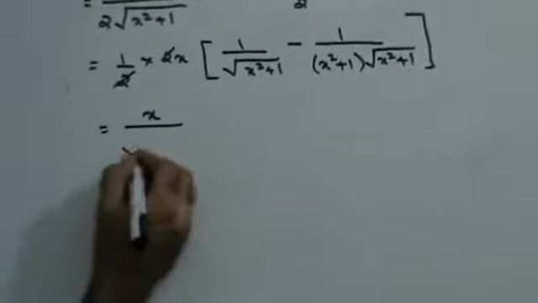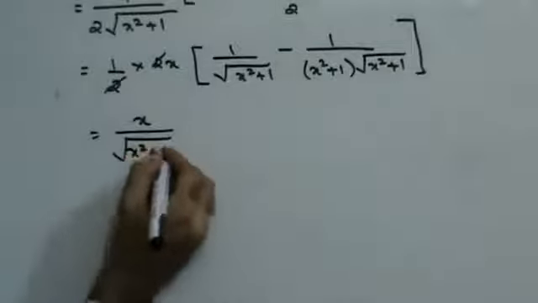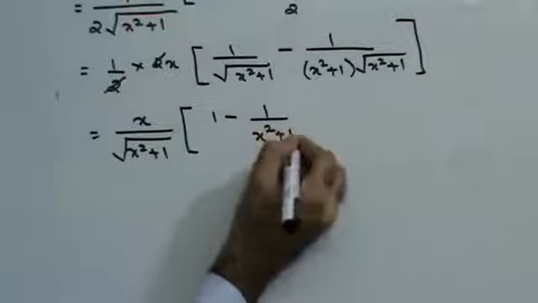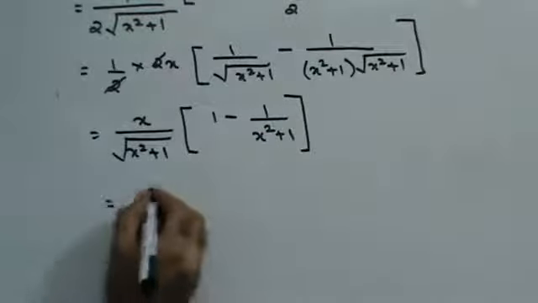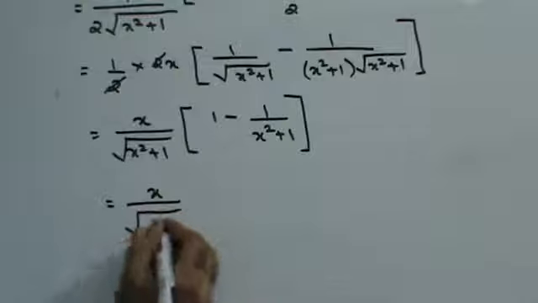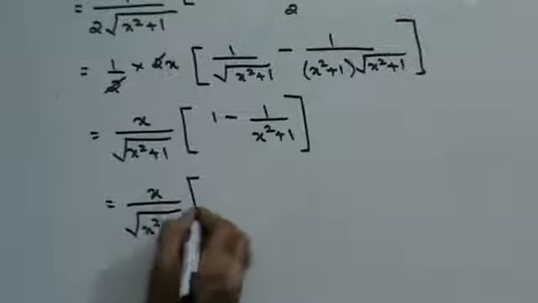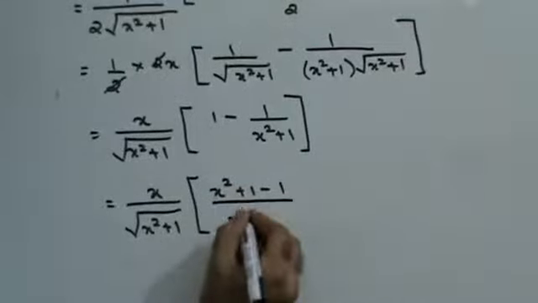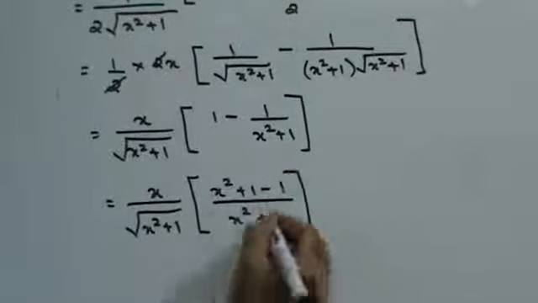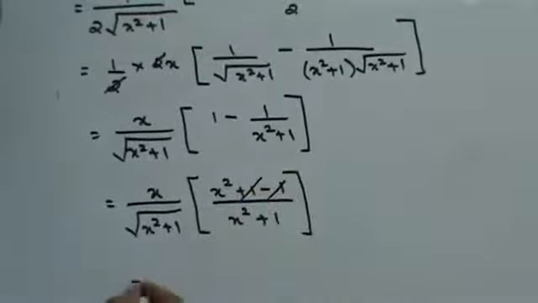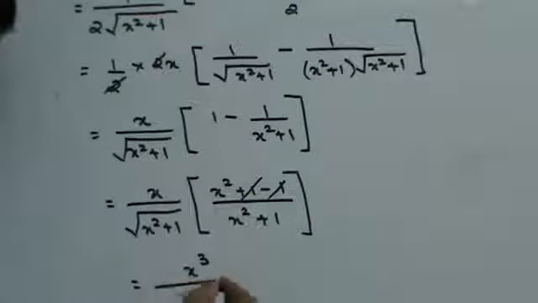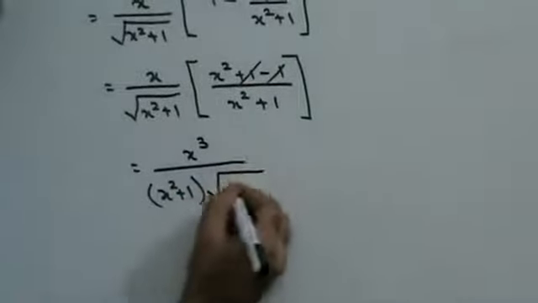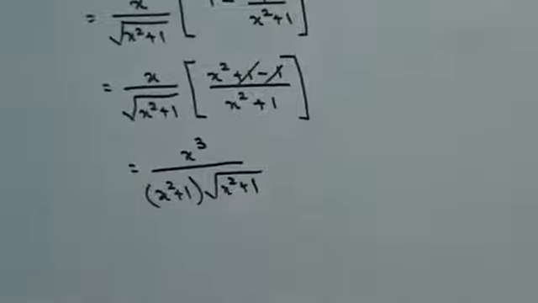X. I could take square root of x square plus 1 common, in which case you will get 1 minus 1 upon x square plus 1. Simplify this, x upon square root of x square plus 1. This is x square plus 1 minus 1 upon x square plus 1. Plus 1 minus 1 gets cancelled, so this is going to be x cube upon x square plus 1 square root of x square plus 1. That will be your answer.